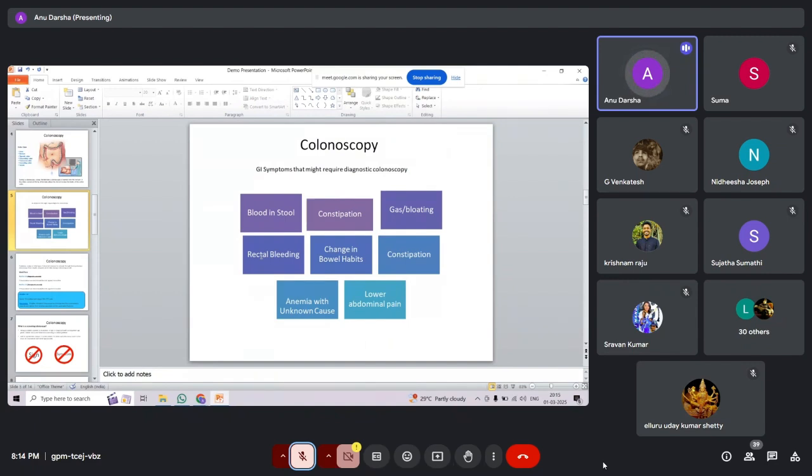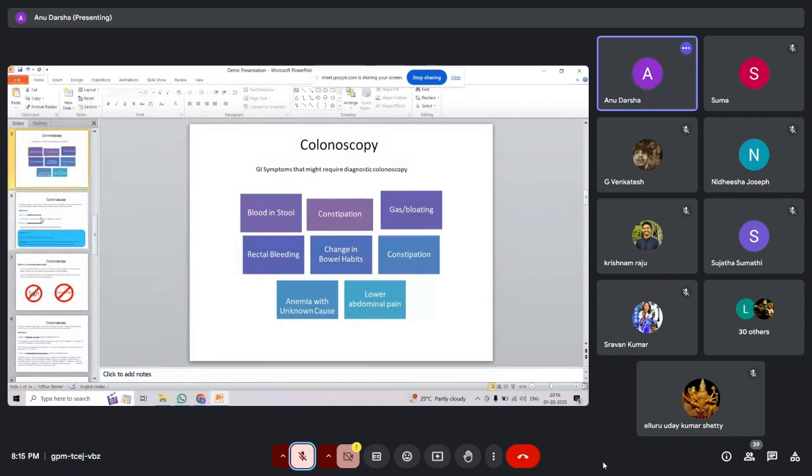It could be diarrhea or constipation, or specifically constipation, unexplained anemia, especially when they are not able to find out the cause behind this anemia, or abdominal pain, especially lower abdominal pain. So these are the common signs and symptoms where the physician may warrant this colonoscopy to better understand the reason behind this sign and symptom.